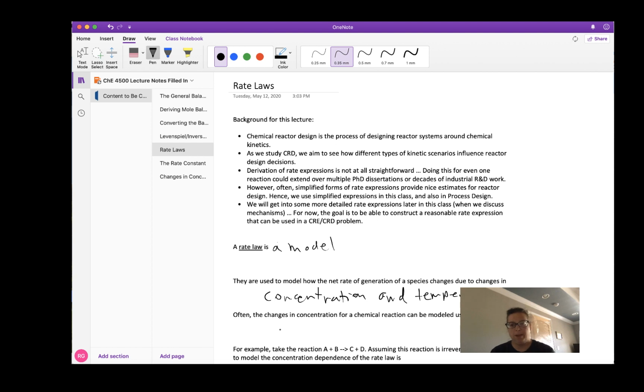The concentration dependence of a chemical reaction can often be modeled using a power law model.